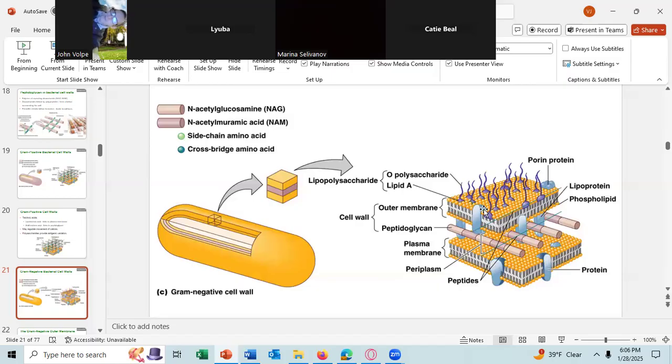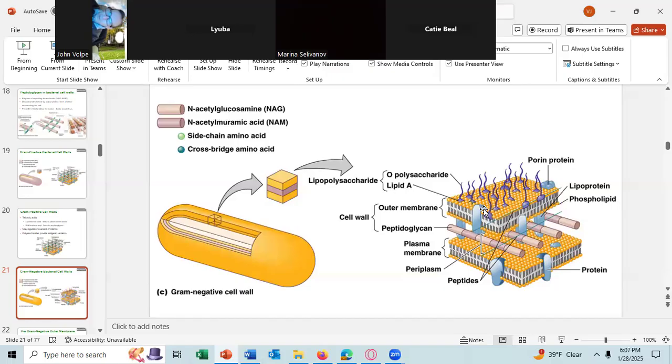But it's better to expose the patient early to the lipid A than later, because later there might be more bacteria, and the more bacteria there are, as long as the bacteria have a cell wall, the more lipid A the patient would be exposed to.